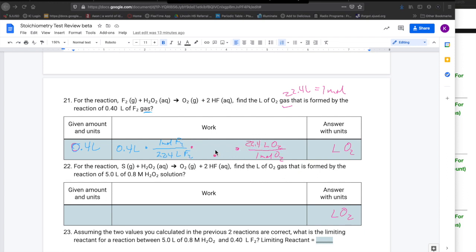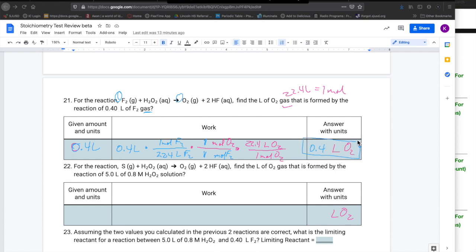So it's exactly like any gas, 22.4 liters per mole, and that's why it's called molar volume, because that's what we're doing. All right, so moles of oxygen goes on top, and moles of F2 goes on the bottom, and those values come from up here. It's 1 and 1. So a ridiculously easy problem, 0.4 liters.